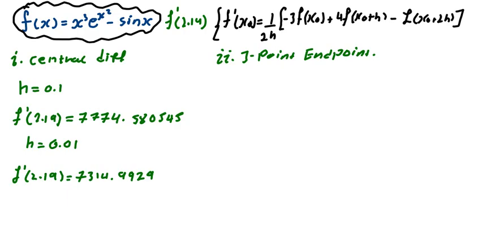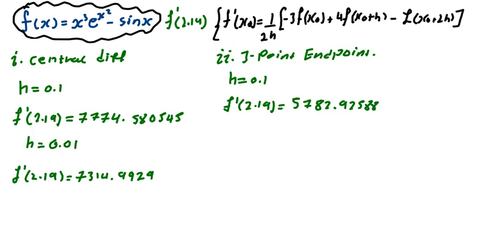When h was equal to 0.1 and our f prime of 2.19, we got 5,782.92588.